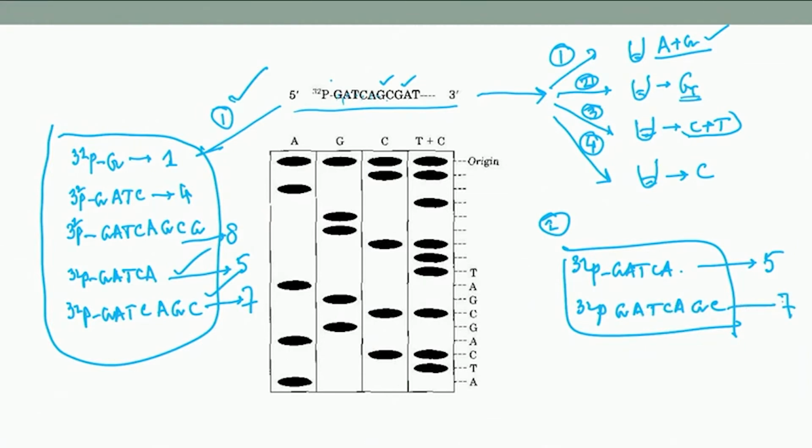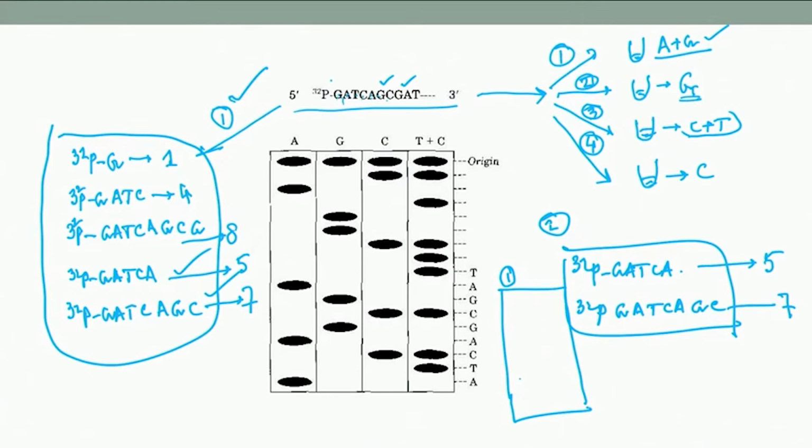Okay. So now if you do an electrophoresis, forget about this diagram, this is your first test tube you are adding here. So how many bands you will see when you take the radioactive photograph? You will see number 1 band, number 4 band, number 8. These are basically proportional to the molecular weight of the whole nucleotide.